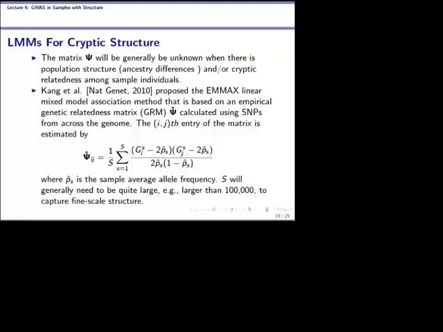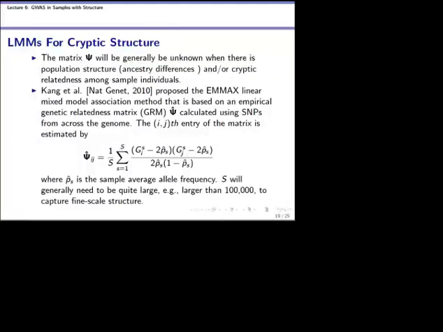But now this matrix captures both population structure and pedigree relationships. They're all just measured correlation, but people who are related are going to have a higher correlation than people who are unrelated but have similar ancestry.